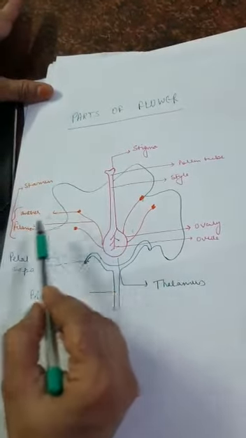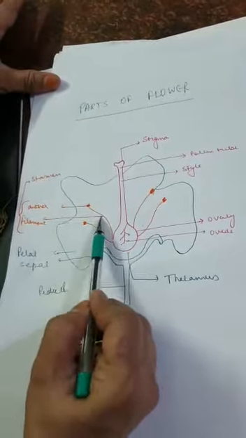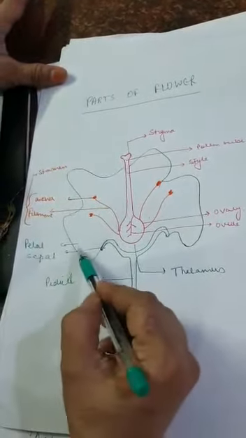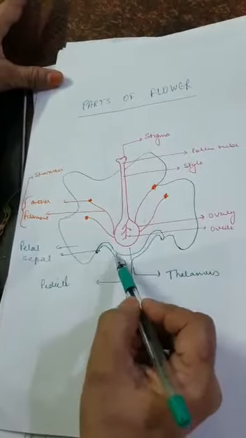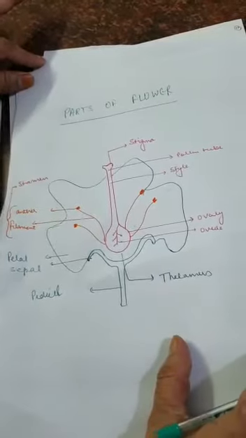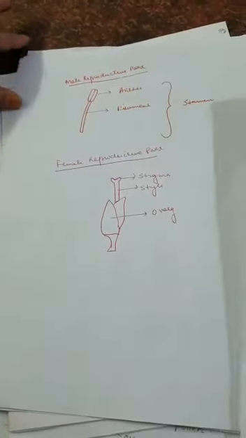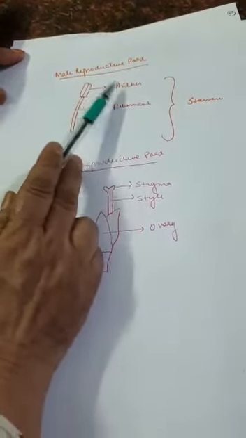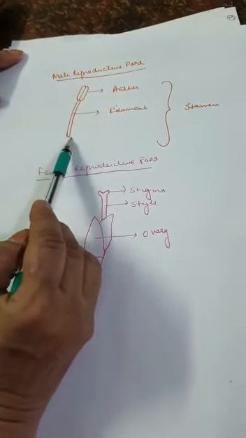This is the male part: anther, filament, collectively known as stamen. This is petal, sepal, and this is the overall structure of the flower. This is the male reproductive part, this is the female reproductive part.